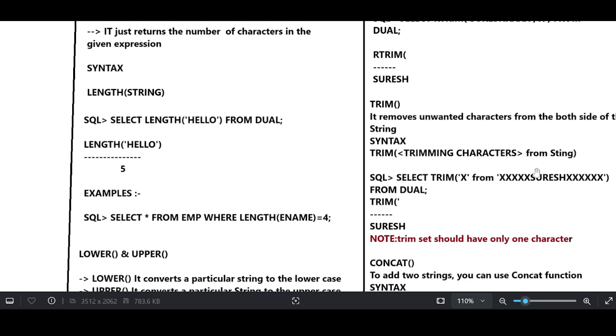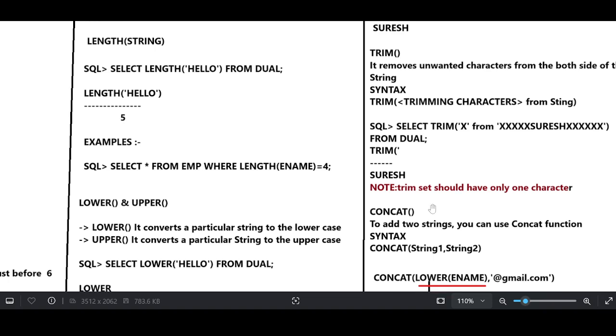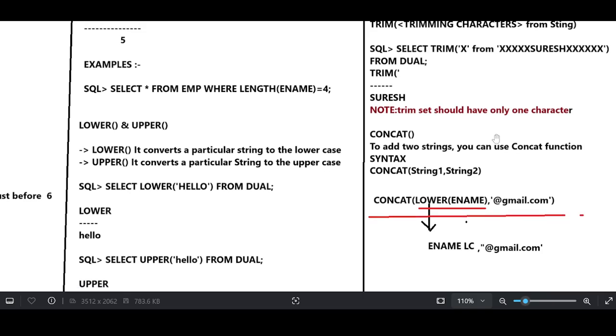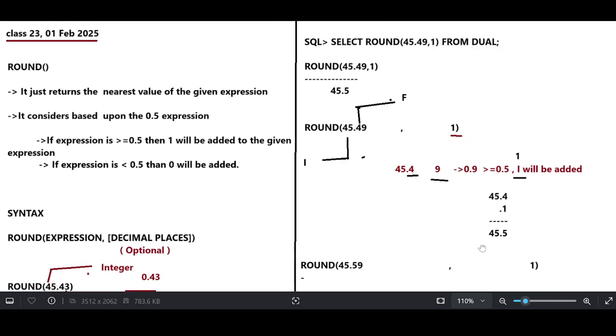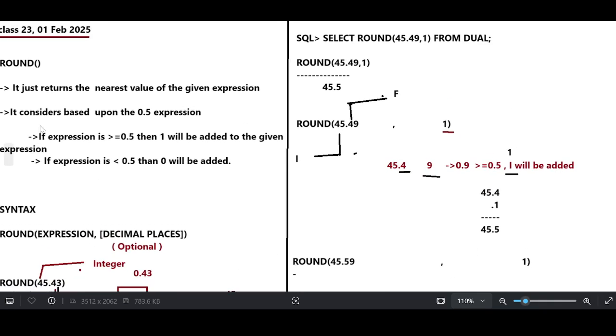This is the syntax: you pass the trimming characters and you pass the string, and the trim set should have only one character. These are very straightforward examples; by looking at the function itself, we can understand what functionality it performs.